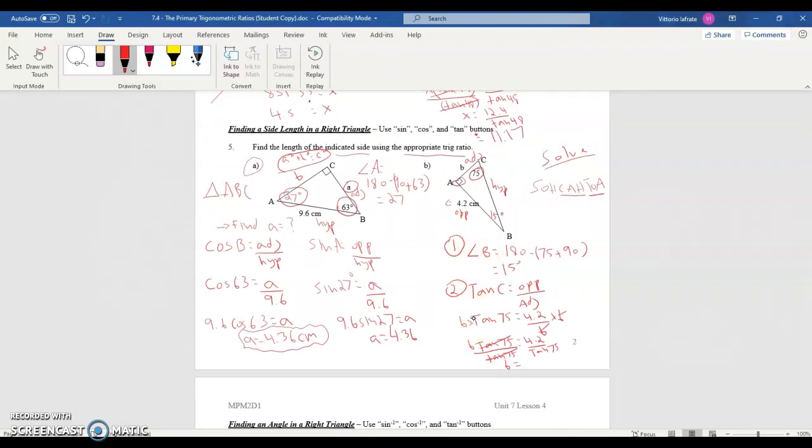Let's do that in our calculator. So 4.2 divided by open brackets tan 75. Again, make sure everything's in degrees. And we get, rounding to 2 decimal places, 1.13. Let's make sure when we're approximating, we put a dot on top there.